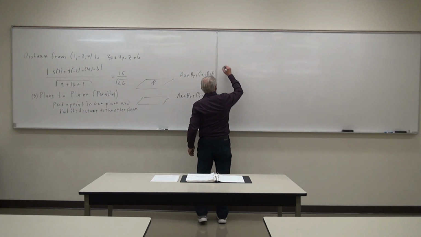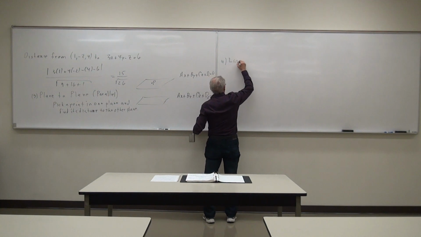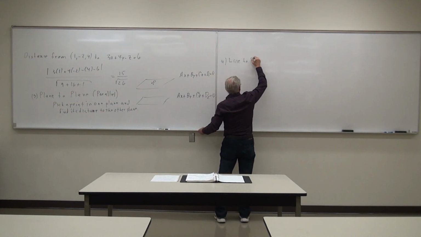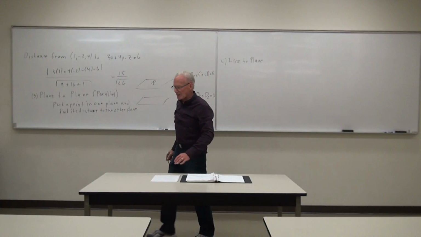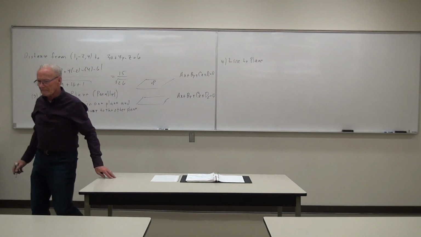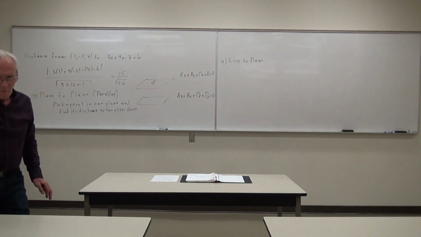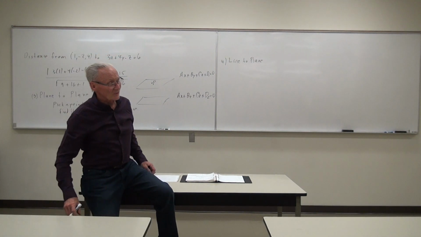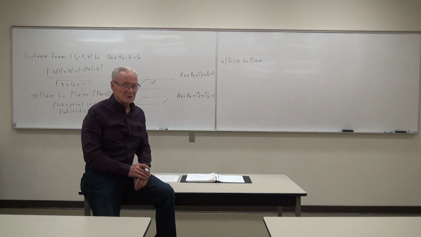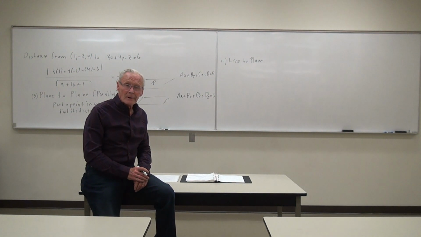Line to plane. Number 4. Distance from a line to a plane. Think about that for a second. Would there be any assumption that you would be making in order for that distance to be real?